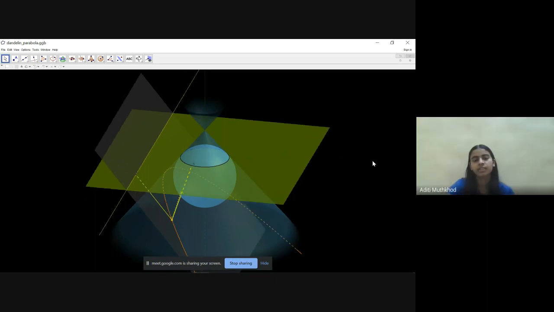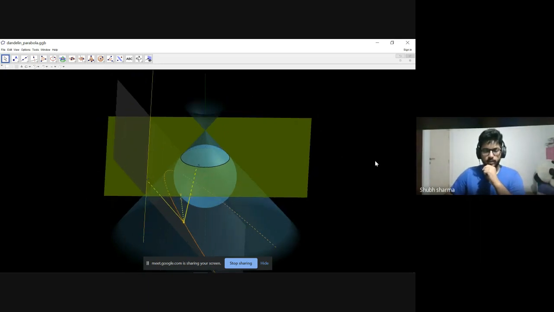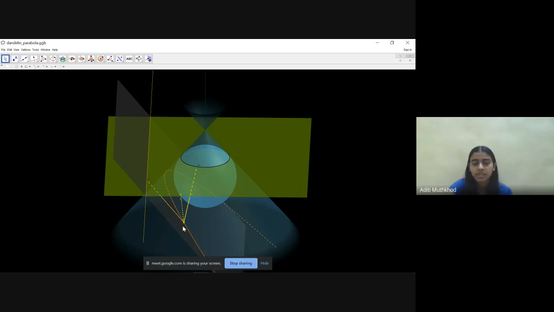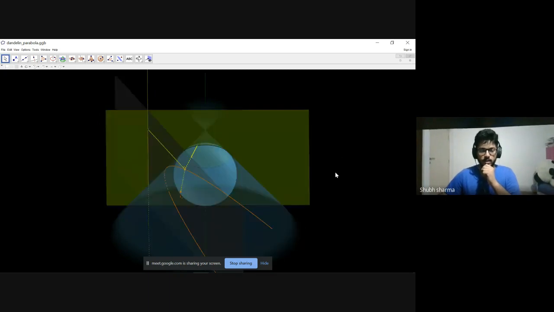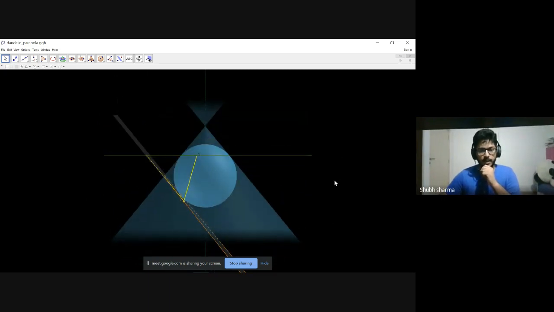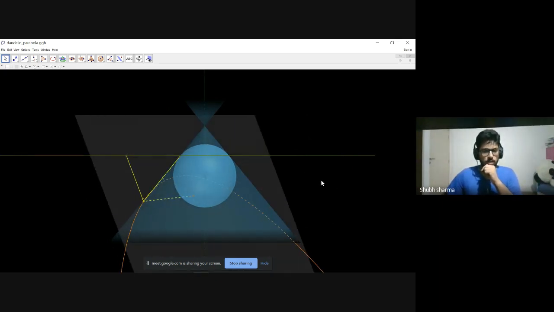Okay, go on. So FP is equal to FN. That is kind of obvious, like tangents to the sphere. Sorry, FP is equal to PN, and the darker plane has the yellow line along it at the same angle from the vertical, the axis of the cone, as the yellow line PN.